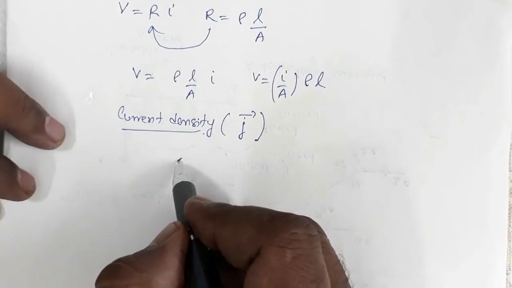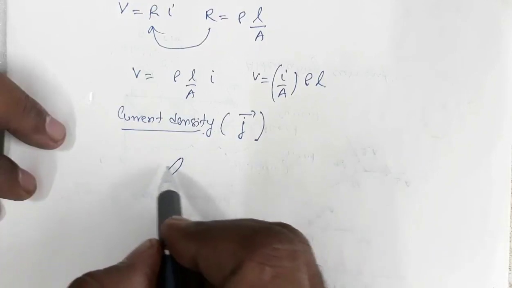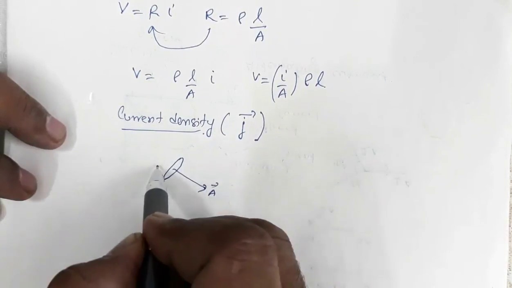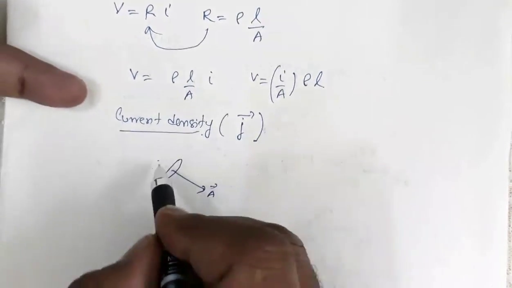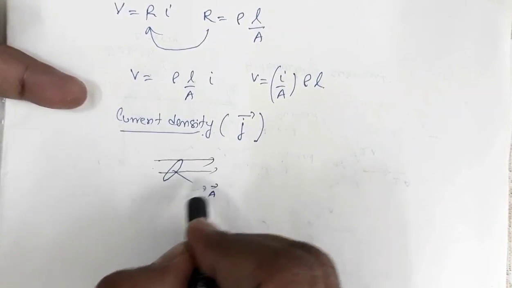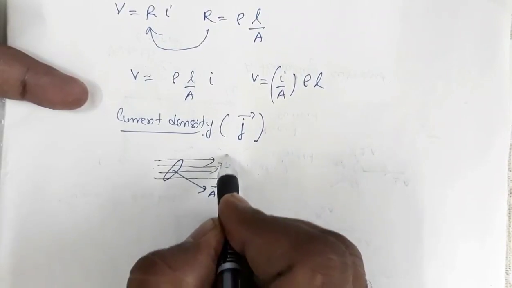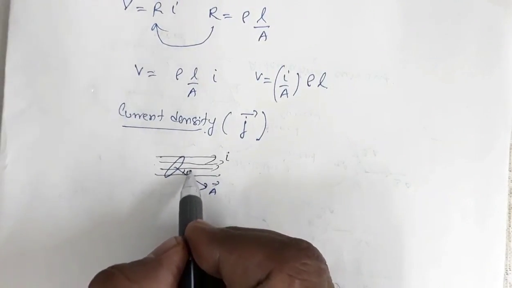Suppose you have a cross-sectional area like this, such that this is the area vector, and current I is flowing in this direction, such that this angle is theta.